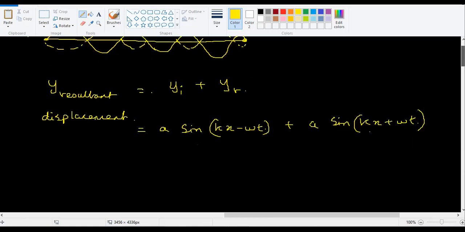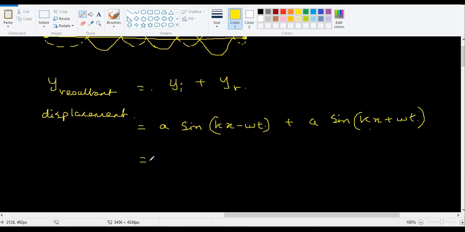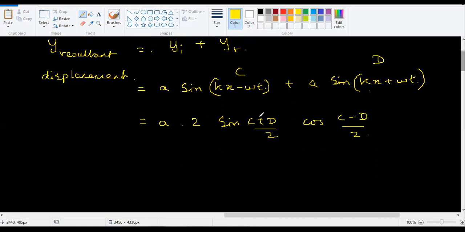I don't have to explain anything, right? YI and YR. So A, I'm going to take it out commonly. So I'm going to get sine C plus sine D. What did we say? Sine C plus sine D. Earlier we used the formula, 2 times sine C plus D by 2 times cos C minus D by 2. Sir, 2a sine kx cos omega t.